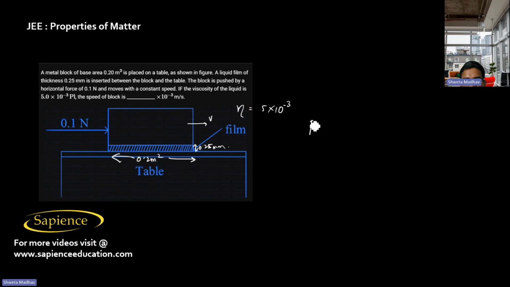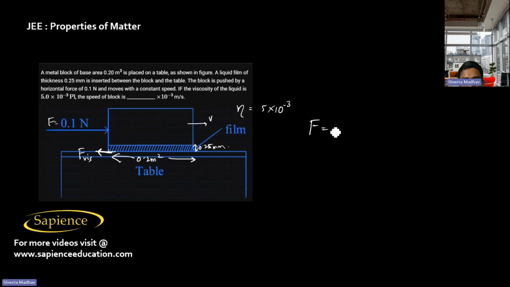So we know that the velocity of the lowermost layer will be zero only. So it means the viscous force will act opposite to the applied force.